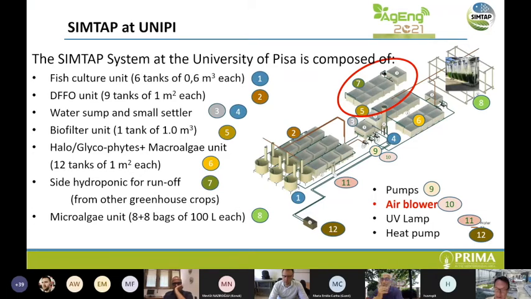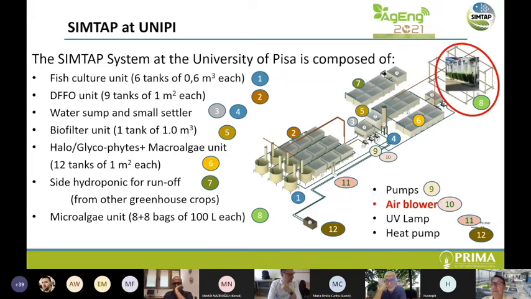And we have also the microalgae unit, which is, we can say, a sort of the engine, sorry, the fuel of the system, because from the biomass produced by microalgae, we can rear polychaetes, mussels and oysters, and so we can produce our own feed.